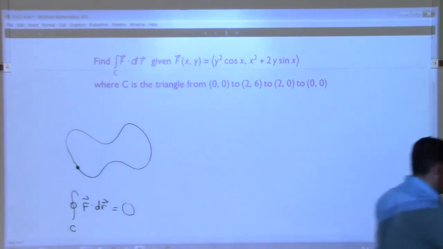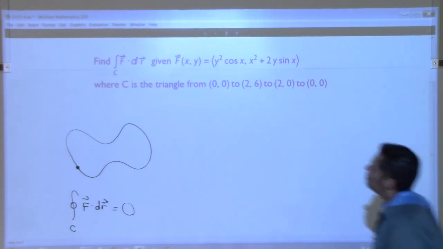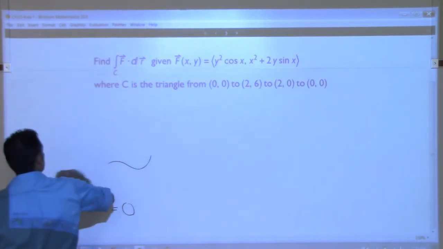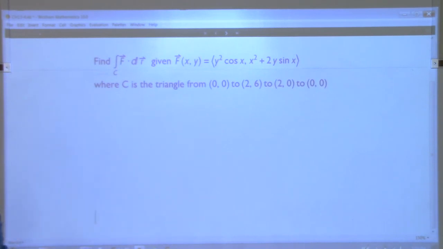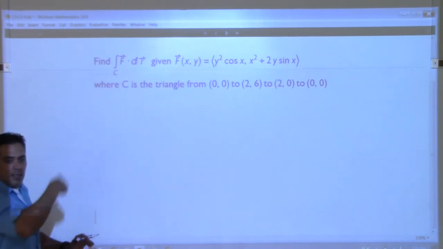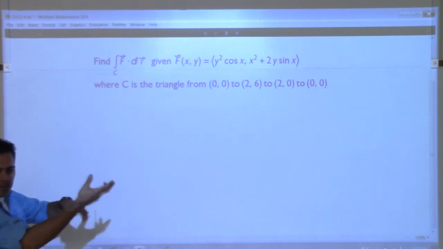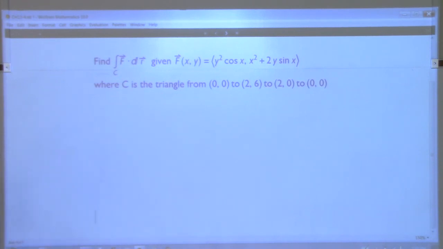If I were you sitting here doing this problem, maybe the first thing you would do is see if it's a conservative vector field. Because if it was conservative, then you would know that endpoint minus endpoint, you're there. So maybe you check if it's conservative. I don't know.